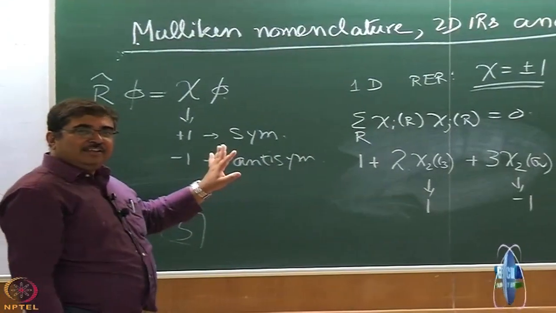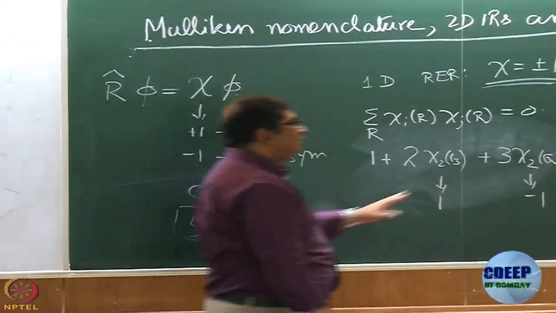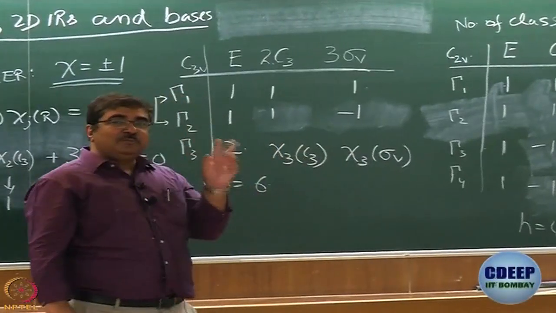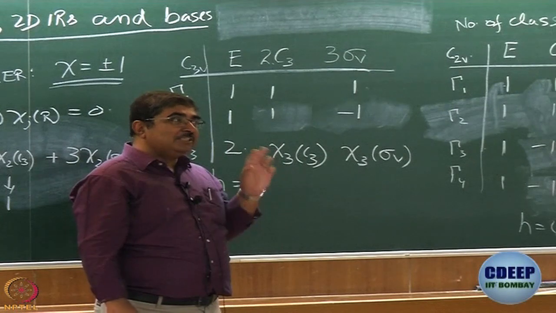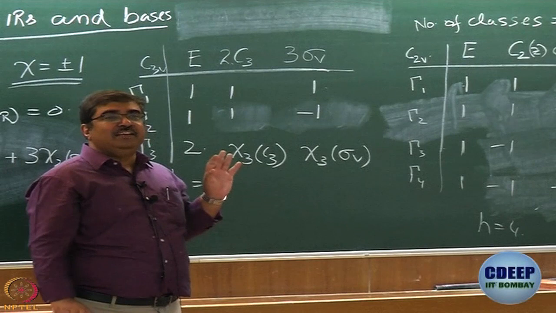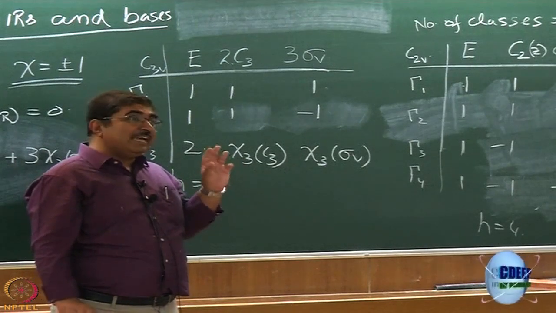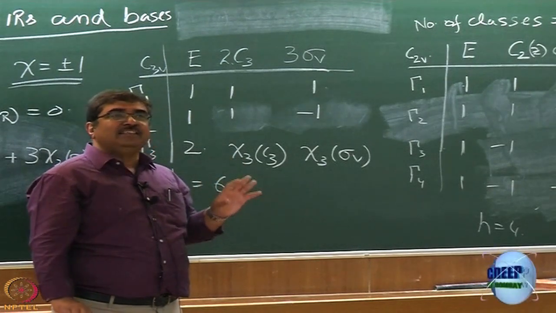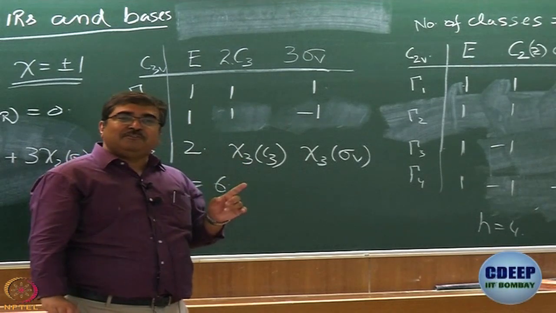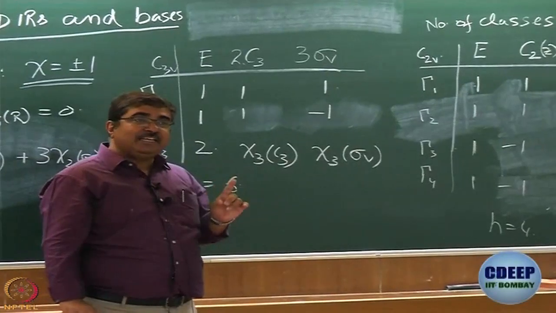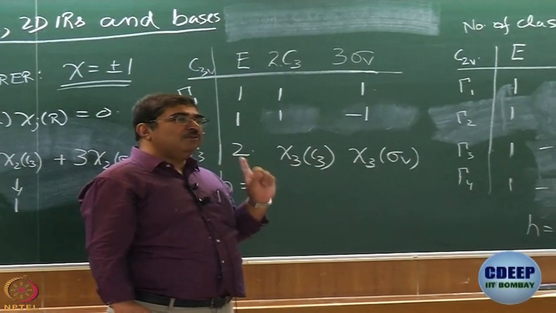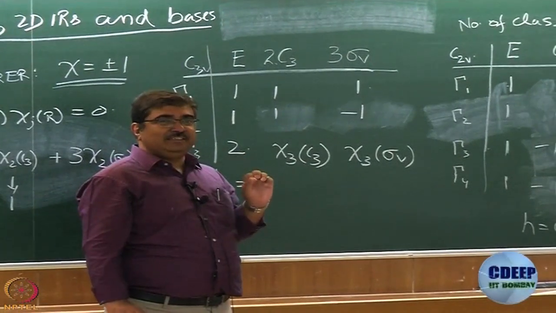Are we okay? Now, we will go ahead and we will try to find out chi3 of C3 and chi3 of sigma v. Now, these promise to be a little more interesting, because for the first time, we are not dealing with one dimensional irreducible representation anymore. So, characters can be something other than plus 1 and minus 1. And even if there are plus 1 and minus 1, the implication is not the same as what it is for the one dimensional irreducible representation.